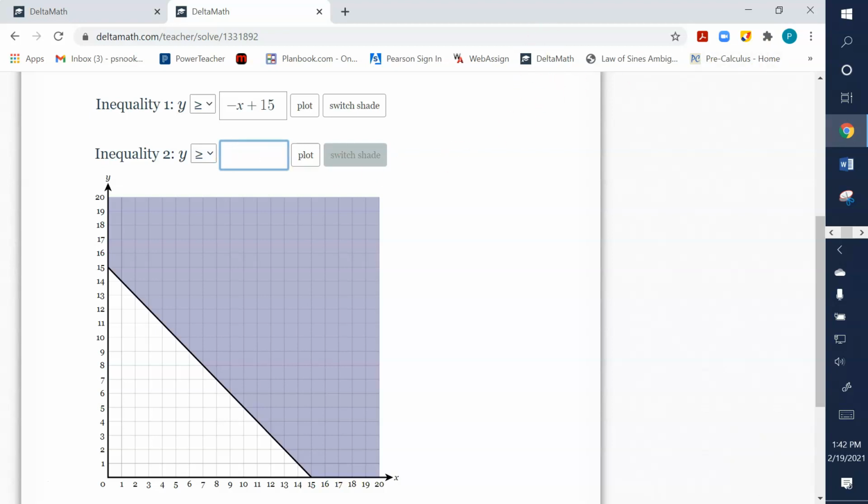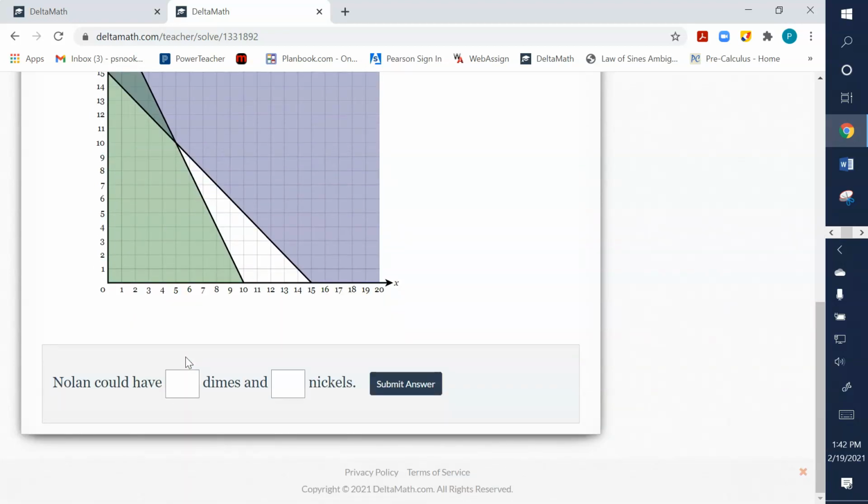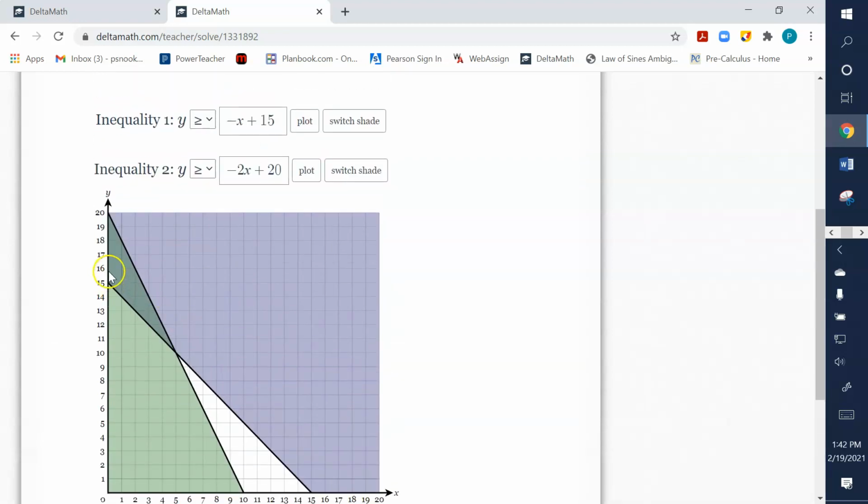I have negative 2x plus 20. Going to plot that. And then I said I wanted to shade the side where the origin is. So not there, but there. So that is now what my inequality looks like. And we need to have one possible solution for how many dimes and nickels that Nolan has.